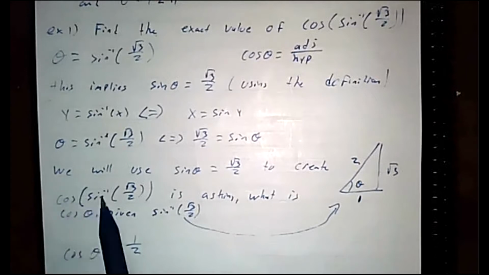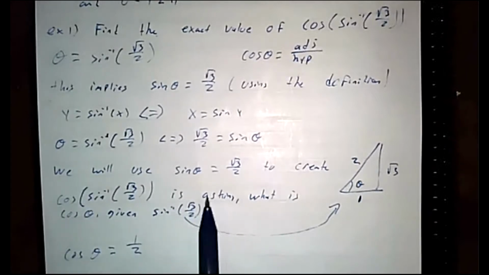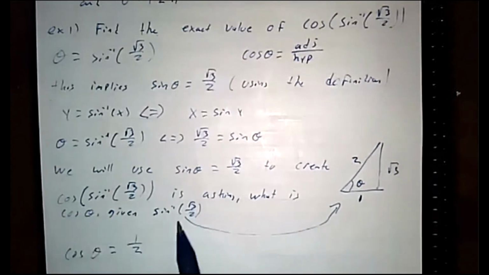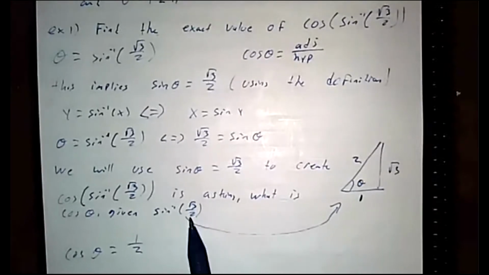Okay, so the question they're asking, I think I got it a little messy there. What is that sentence above the long arrow? So cosine of sine inverse of square root 3 over 2 is asking this question here. What is cosine theta given that theta is sine inverse of square root 3 over 2?